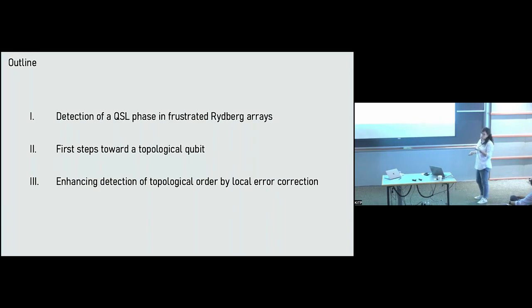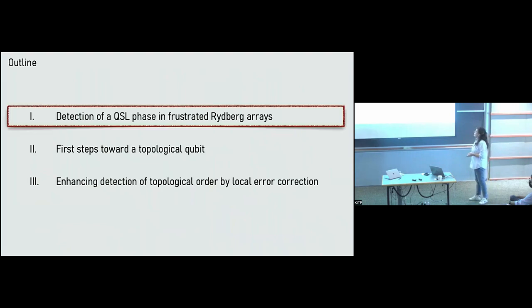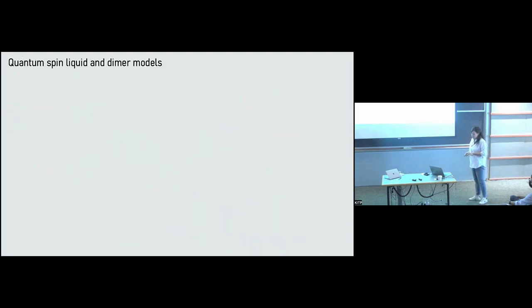And finally, I will show you some more recent results that are going to be on the arXiv, hopefully in a week or so, where we studied how we can enhance the detection of this topological order by using local error correction.